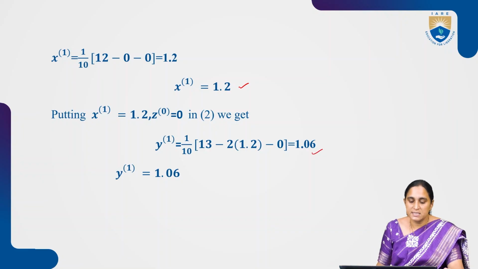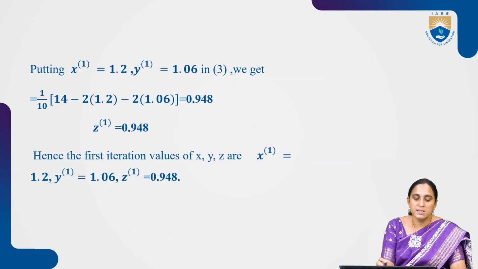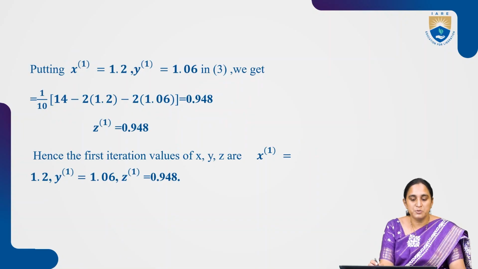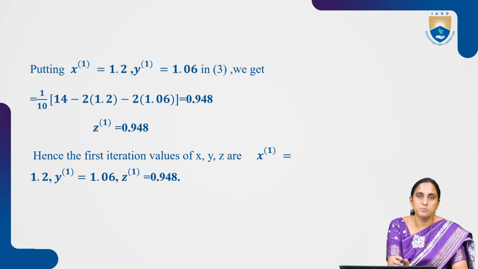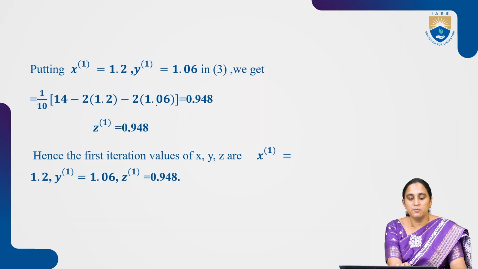Similarly, with x power 1 as 1.2 and y power 1 as 1.06, substitute in the third equation: 1 by 10 into 14 minus 2 into x power 1 minus 2 into y power 1. Substituting, we get the answer 0.948.